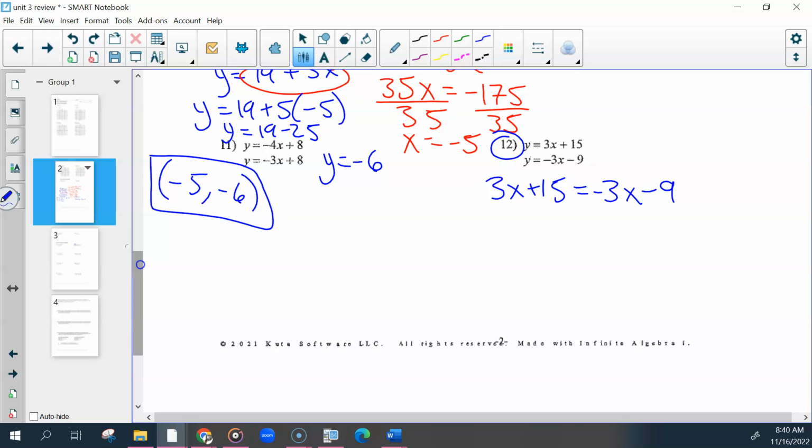And then solve. Get all your variables on one side, all your constants on the other. Why are you doing it like that? Because here I'm substituting this into this y or this into this y. And when you do that, they are equal to each other.